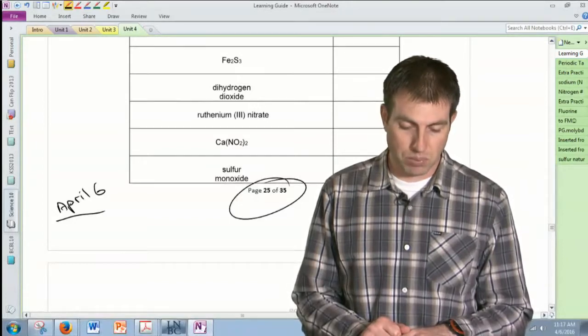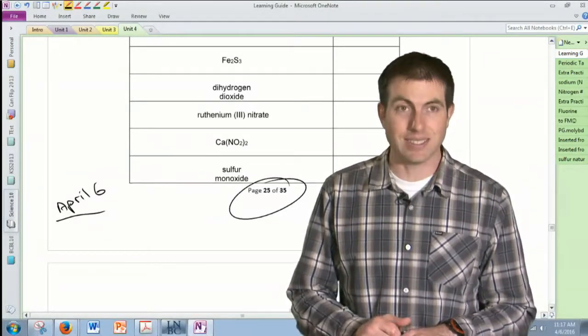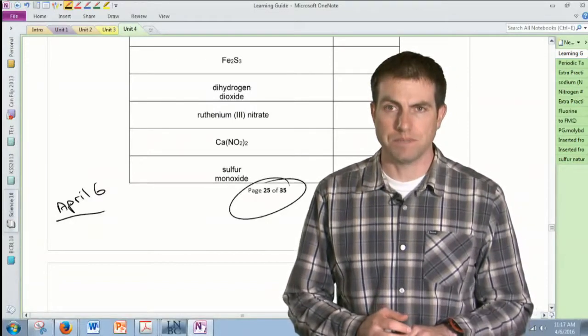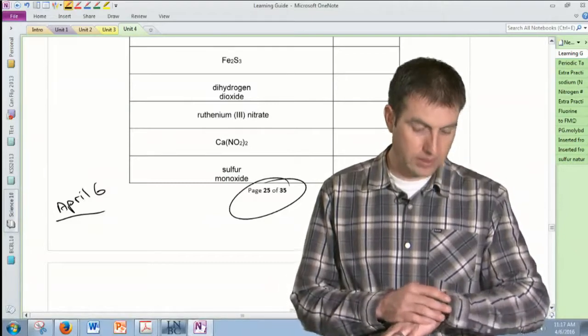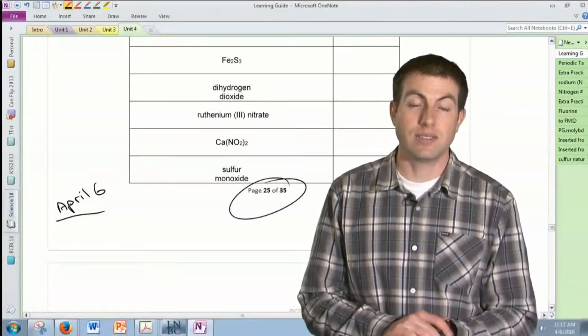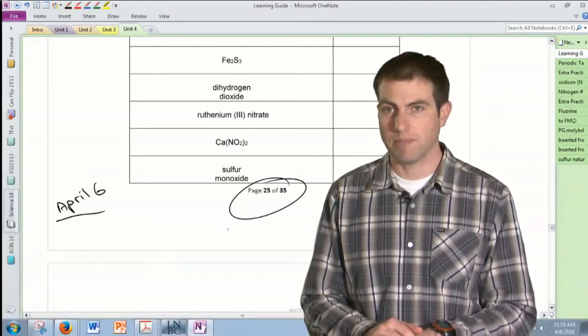And we'll keep moving forward into balancing chemical equations, which is next week. Today's the 6th, tomorrow's the 7th, and then the 14th. It is next week.